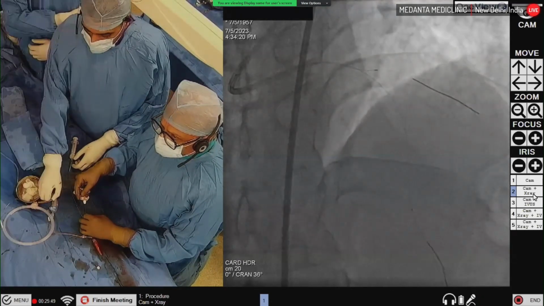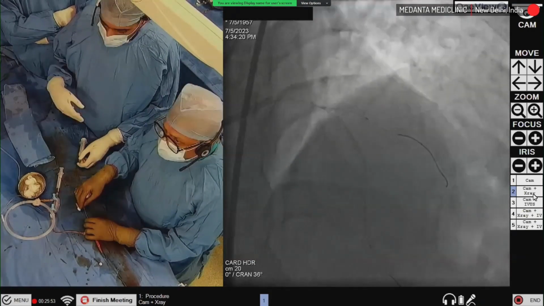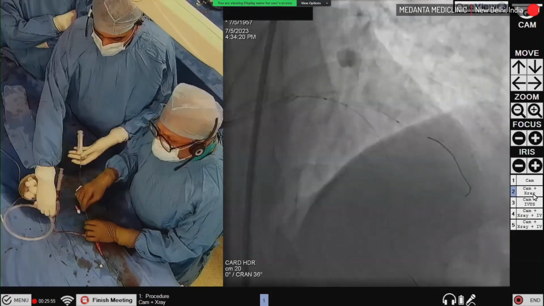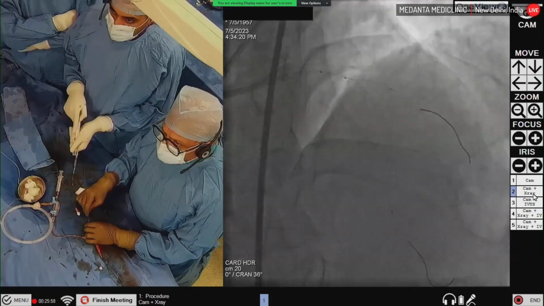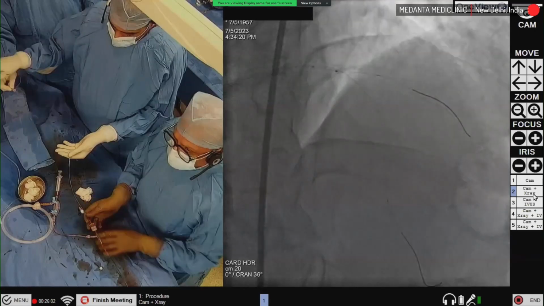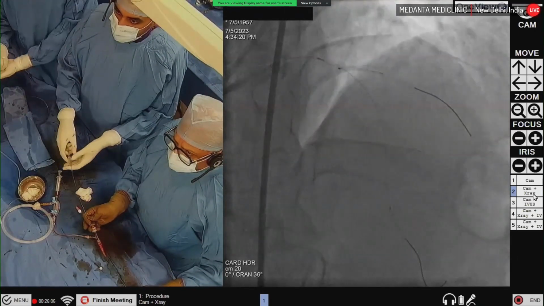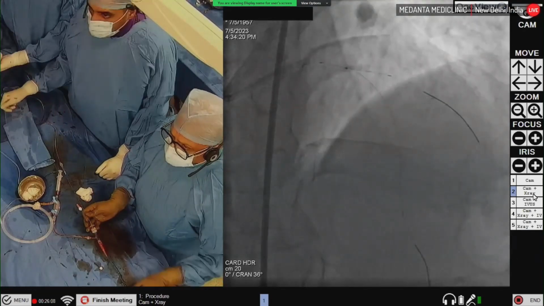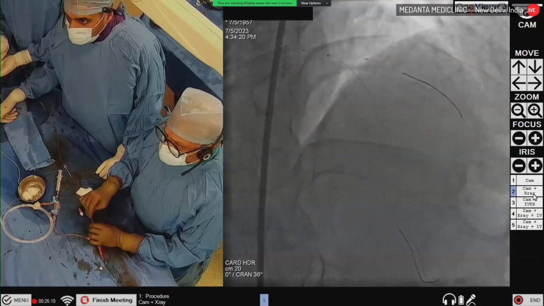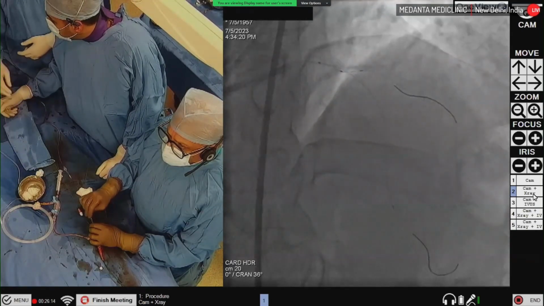Check, please. So I'm just trying to put the wire as distally as possible. And again, can you connect? So you see how much calcium is there. It is not able to enter. Although we have cracked it with a 2 millimeter balloon, it's not entering.